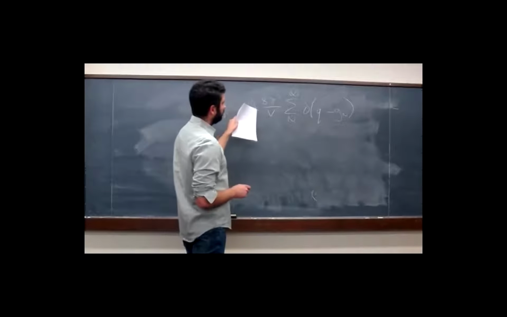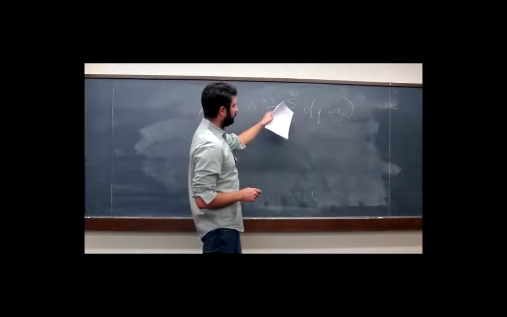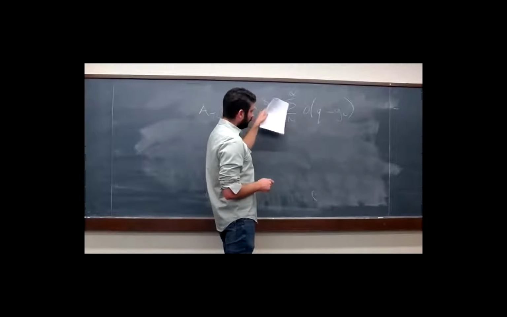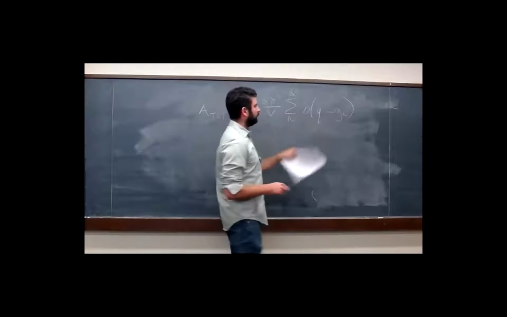So the Fourier transform of the real lattice, the delta functions at real lattice points, is delta functions spaced out at reciprocal lattice points.